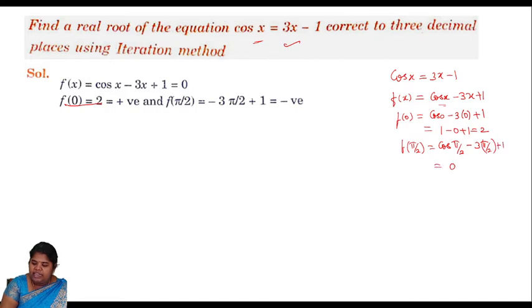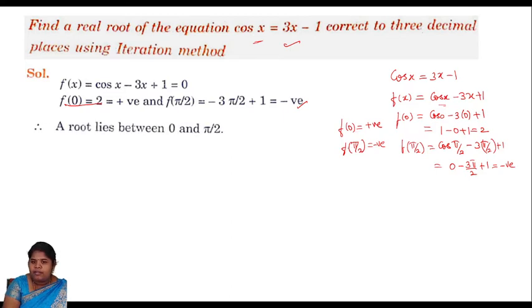Cos 90 is 0, minus 3 pi by 2 plus 1, which is a negative value. So f of pi by 2 is negative. Since f of 0 is positive and f of pi by 2 is negative, we can say that a root lies between 0 and pi by 2.